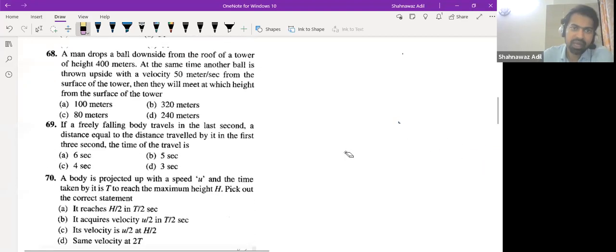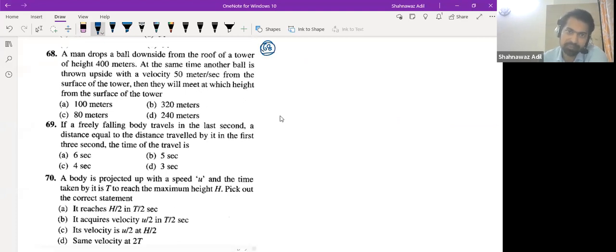So a man drops a ball from the roof of a tower of height 400 meters, right? The first thing that we should always do is make the pictorial diagram. So we have a man who drops a ball from a given height. So this is 400 meters.